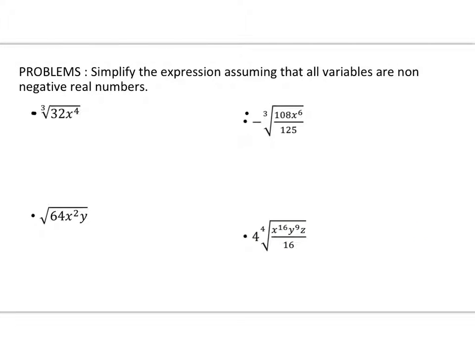In your notes you will have more problems than what I'm showing here, but we're going to first simplify the expressions, and we assume that all the variables are non-negative real numbers. In the first case, I have the cube root of 32x to the fourth.